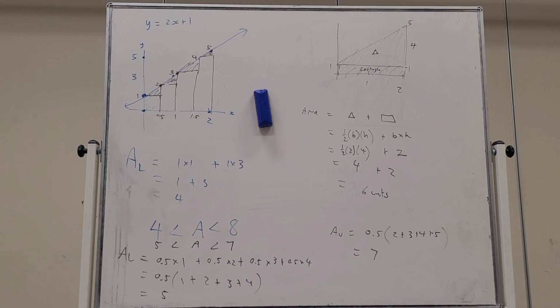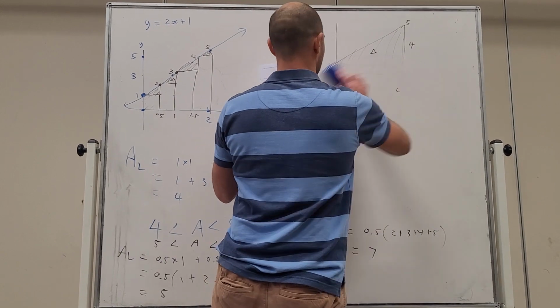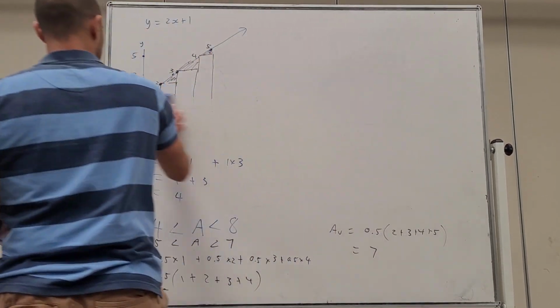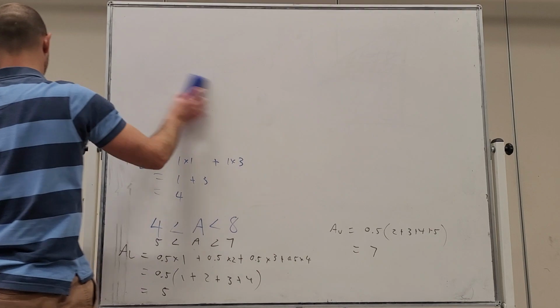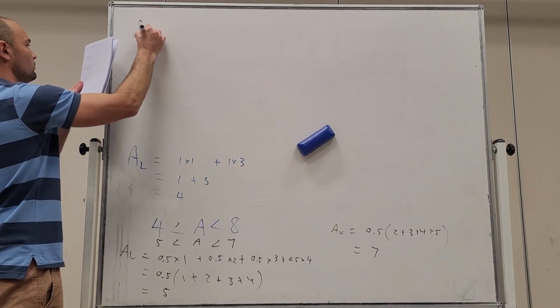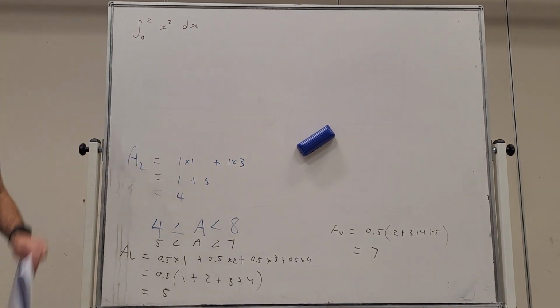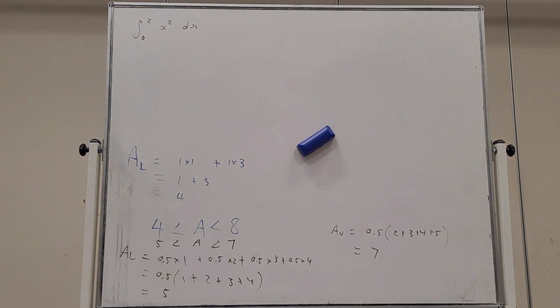Okay, so let's go through question 2. I'm going to do the lower, and then I'll get you guys to do the upper estimate. This notation, integral 0 to 2 of x squared, means the area under the curve x squared from 0 to 2.